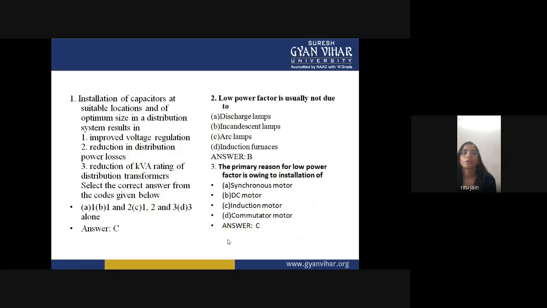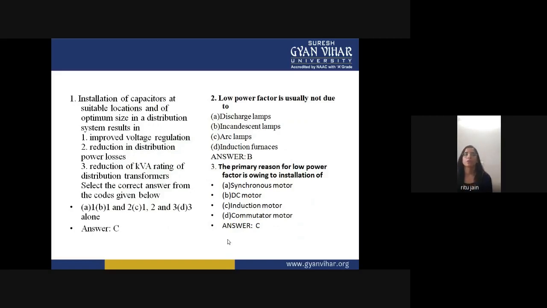So first you have to choose a perfect method which can improve your power factor, and for choosing the power factor correction method, you require a proper size of capacitor and a proper place where you can place these capacitors to improve the power factor.